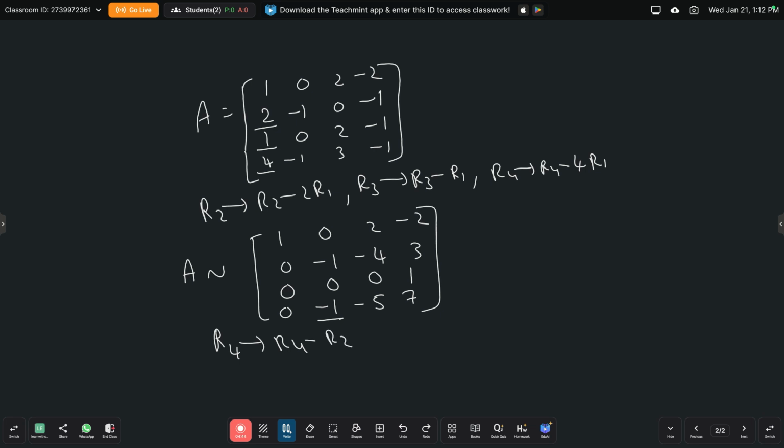By applying this, A will be similar to: 1, 0, 2, minus 2; second row as it is 0, minus 1, minus 4, 3; third row as it is 0, 0, 0, 1; fourth row 0, minus 1 minus of minus 1, which is minus 1 plus 1, 0; minus 5 minus of minus 4, which is minus 5 plus 4, equal to minus 1; next 7 minus 3 is 4.